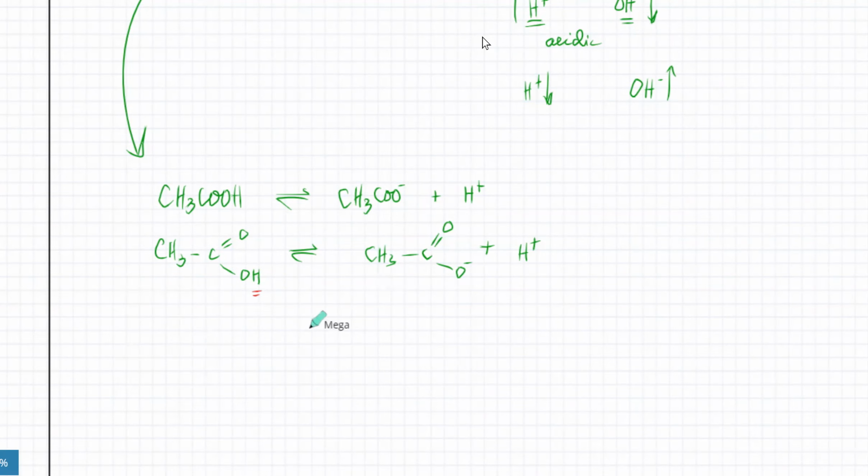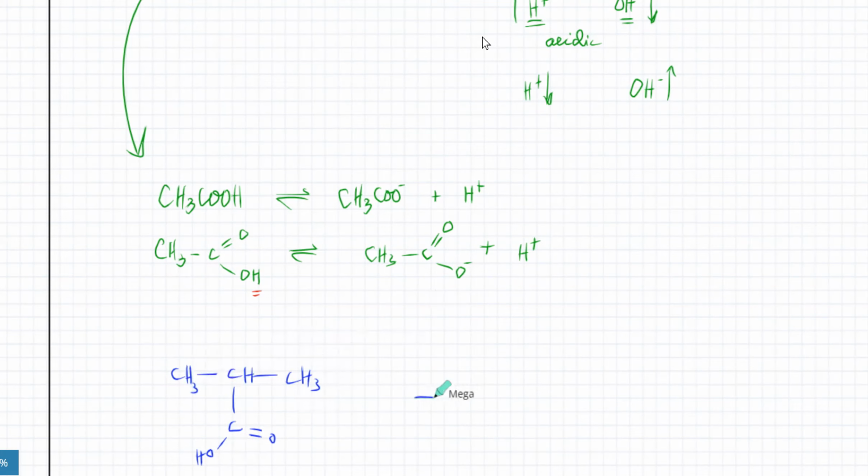So I'll just do one more example. If I have another random carboxylic acid, there's C double bond O and OH, and there's a carbon here with 3 H's, and 3 H's with this one.